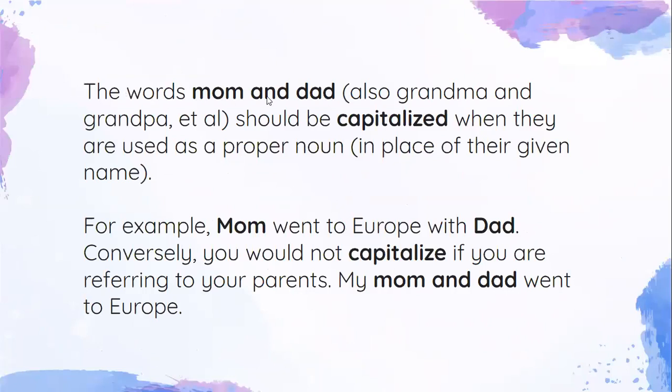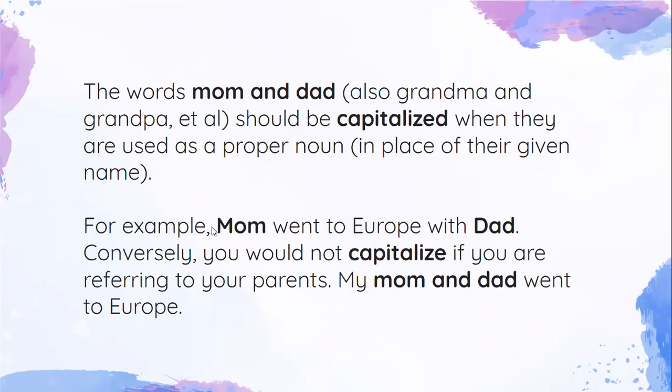The words mom and dad, grandma and grandpa, etc., should be capitalized when they are used as a proper noun in place of their given name. For example, Mom went to Europe with Dad. Those are capitalized because instead of saying your mom's name or your dad's name, you're replacing it with a proper noun.